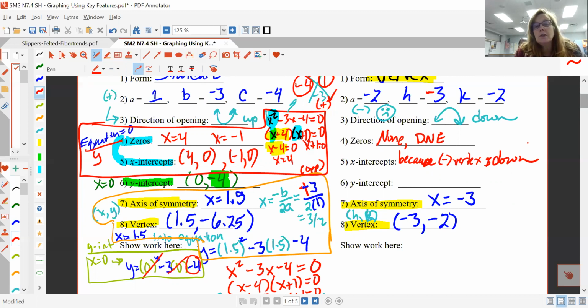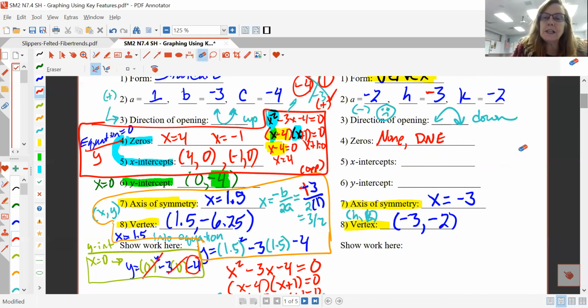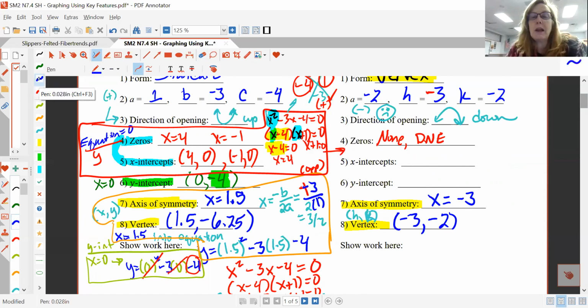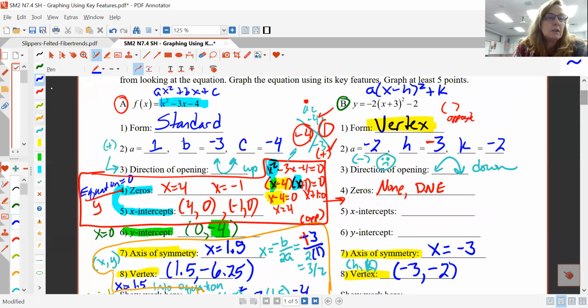This is why, while I'm graphing, I try to use the graph to help me out a little bit. If I didn't do that, I can do the regular step where my equation equals 0. Here's my equation, and I can set it equal to 0.